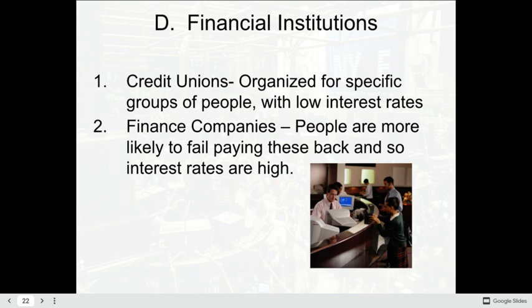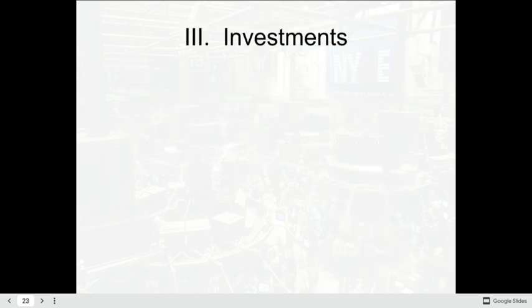Finance companies are another type of financial institution. They often are in the business of loaning to high-risk clients, which means they often have incredibly high interest rates, 20, 30, 40, 50% interest, maybe even more.